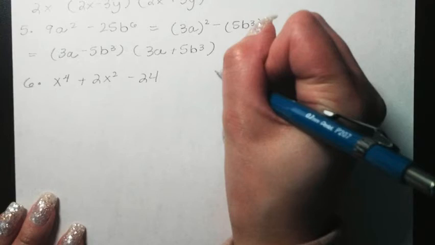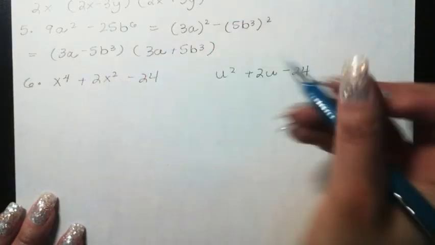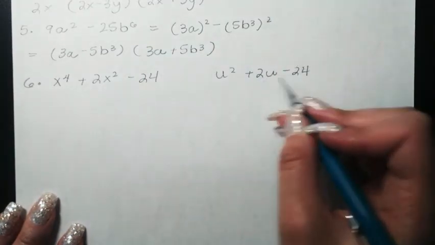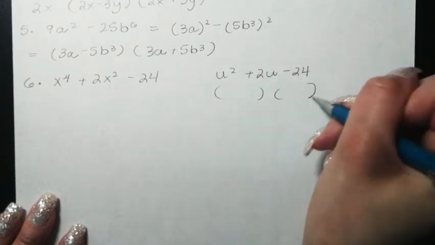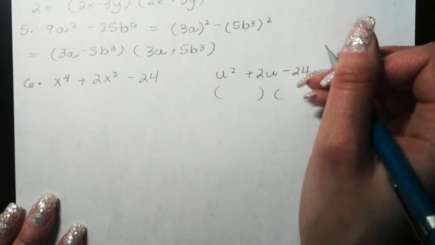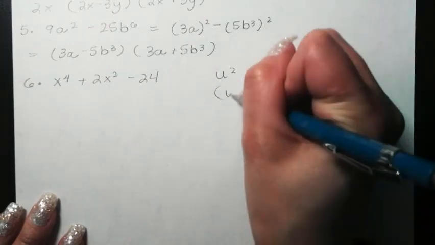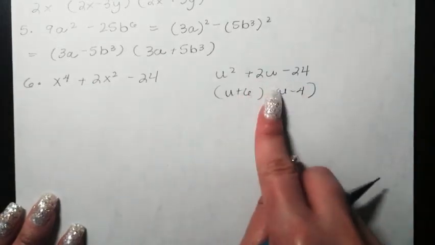Since I see power 4, power 2 and power 0, I think about this. If you see it, it's pretty easy to factor, because you can recognize that you would have u plus 6, u minus 4, because that's how we can factor this equation.